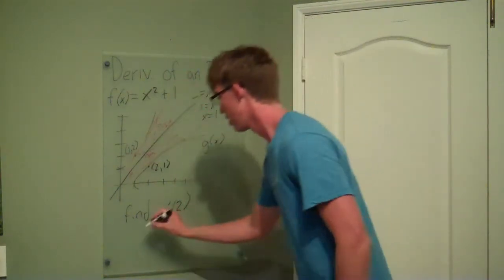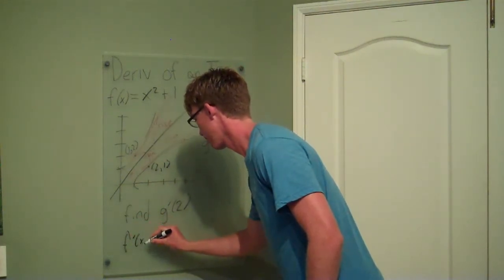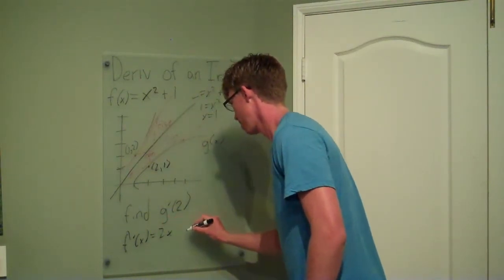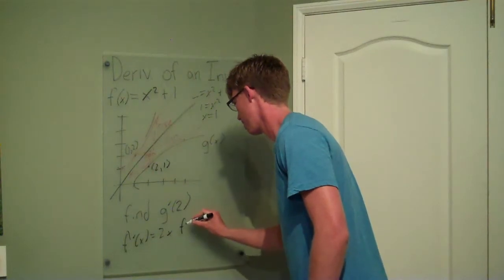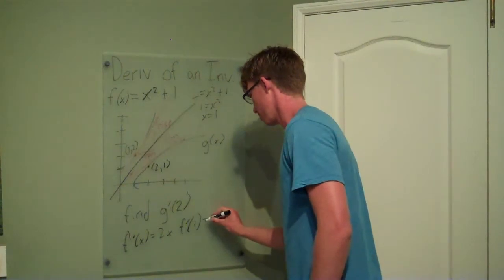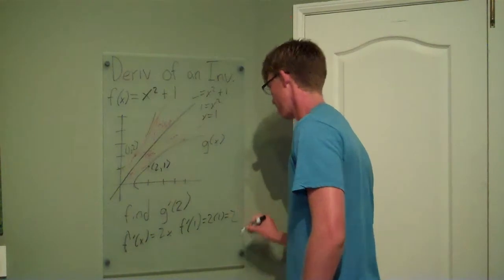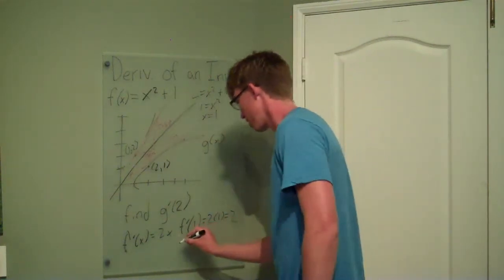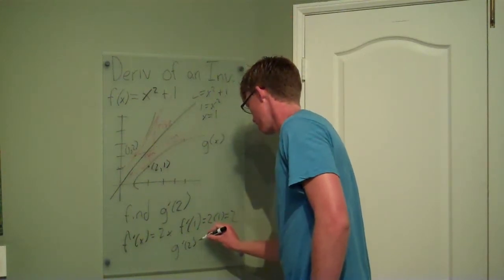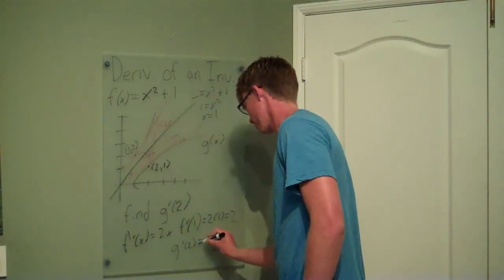So, f prime of x equals 2x, and f prime of the corresponding point 1 equals 2 times 1 equals 2. And so, g prime of 2 equals 1 over 2. And that's your answer.